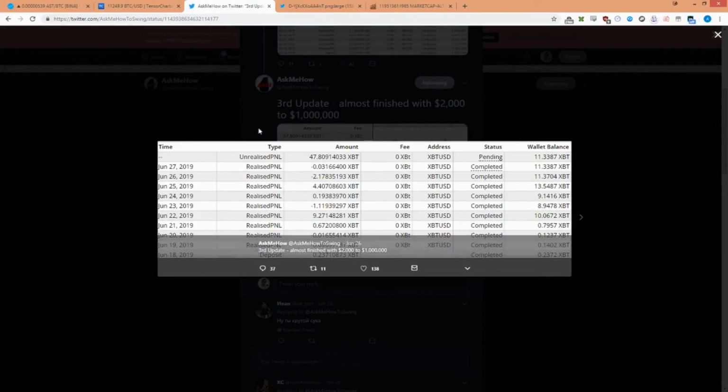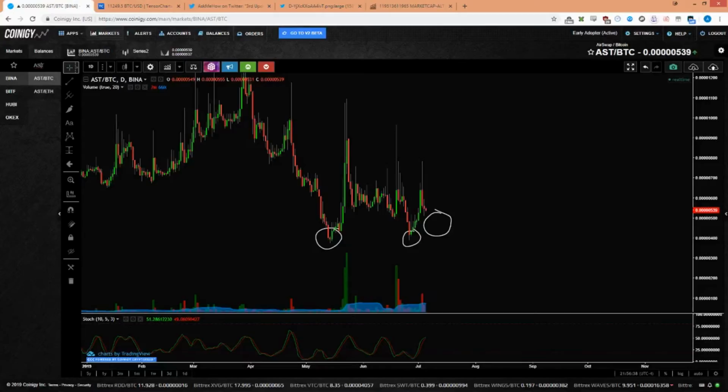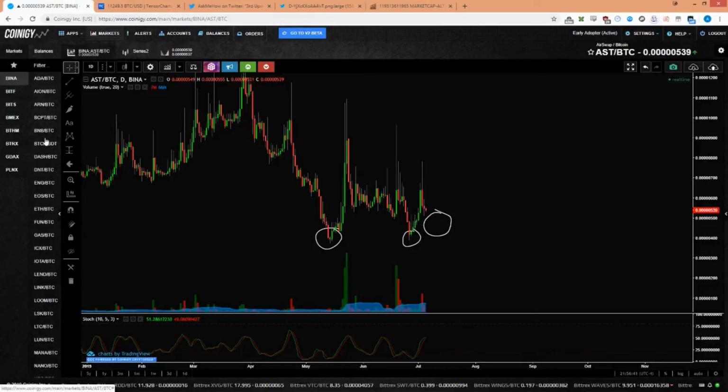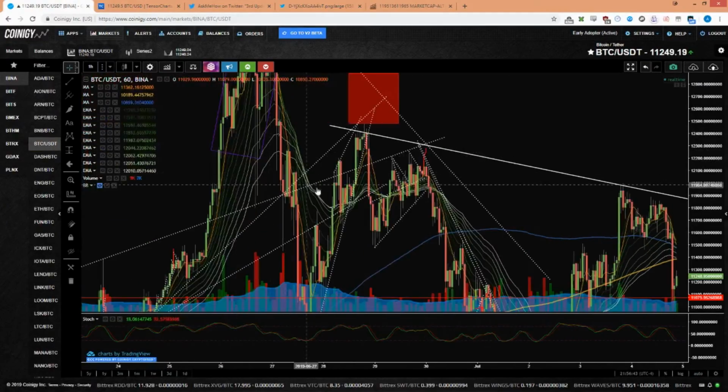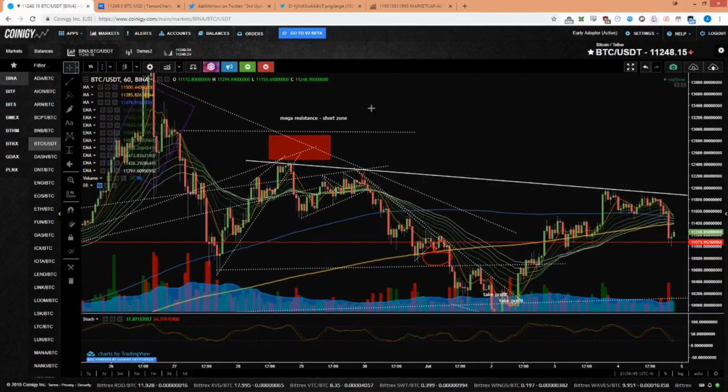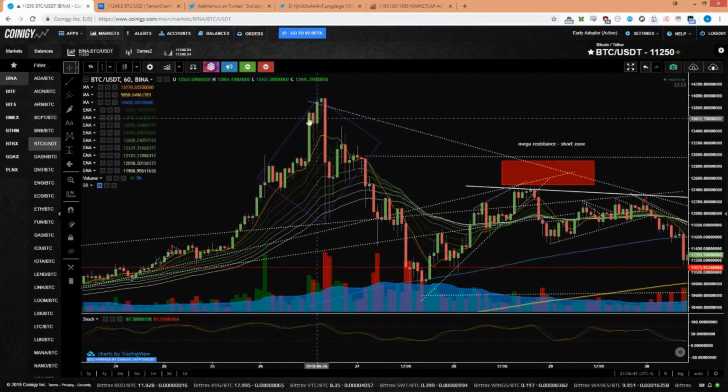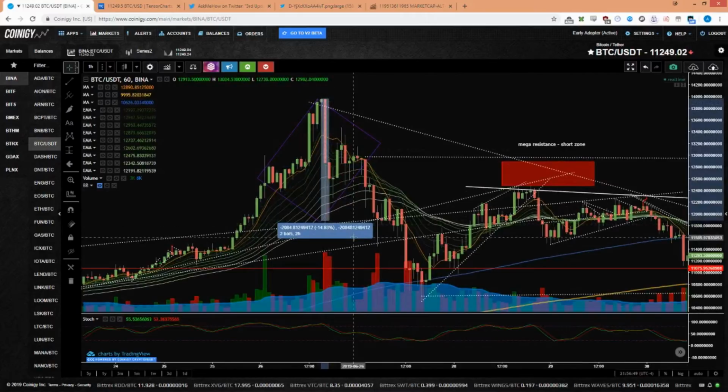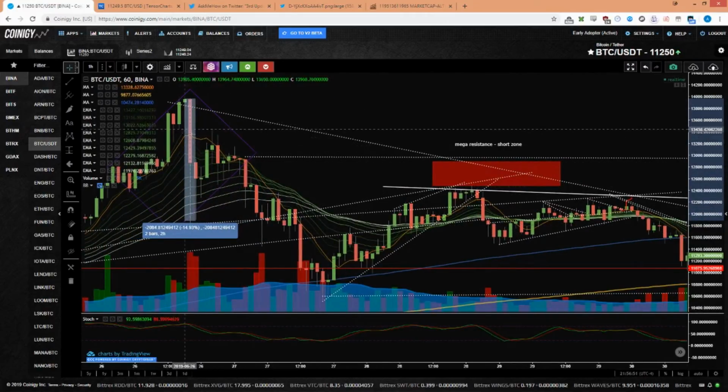But he blew the account when we went to 14k. Then we corrected down. When we did this run, if you had any stops in this zone, you were getting your stops filled $1,000 lower.